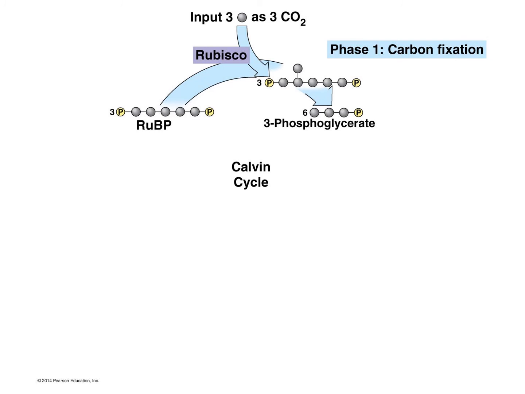So there's a phosphate group on both the number 1 and the number 5 carbon. The product of that is 6 molecules of a 3-carbon phosphate sugar called 3-phosphoglycerate.